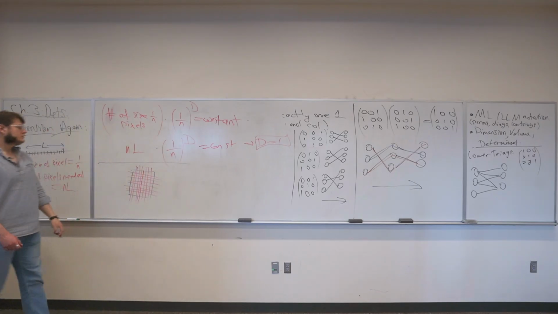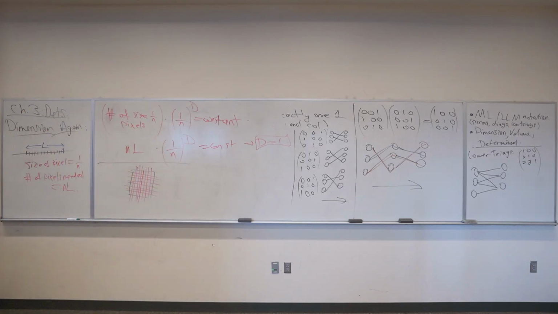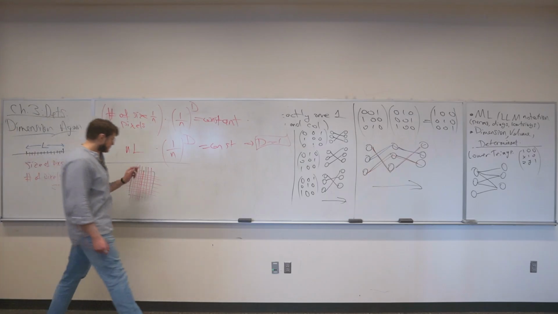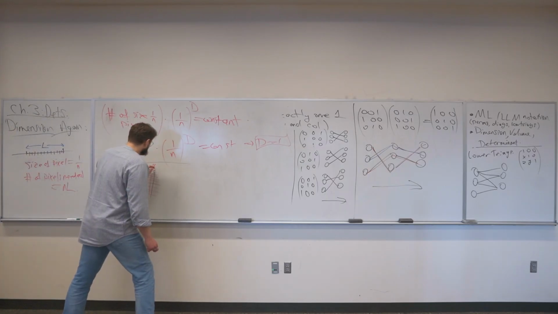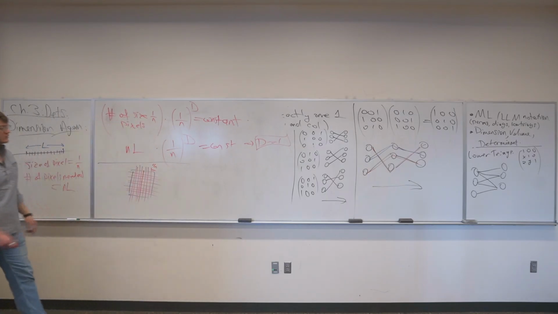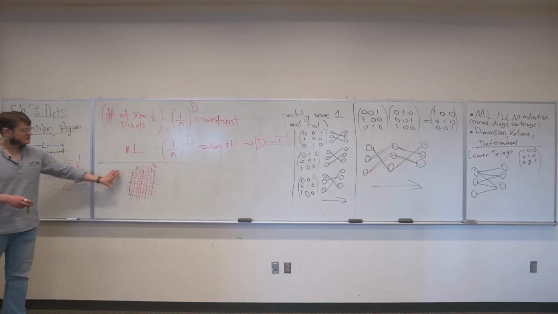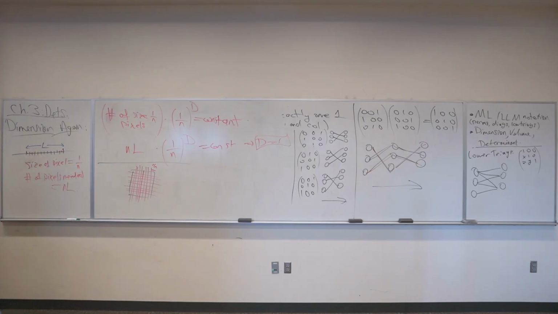If the size of each pixel, meaning the side length of each pixel, is 1 over n, how many pixels am I going to need this time, approximately, to cover the whole thing? Let's say this is a square of area 1. How many would I need?